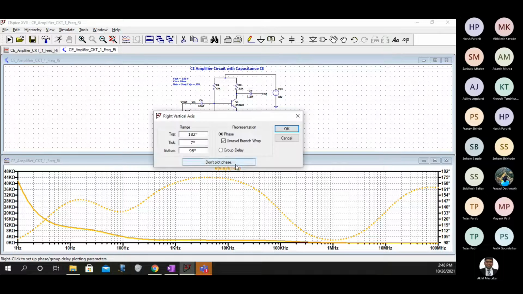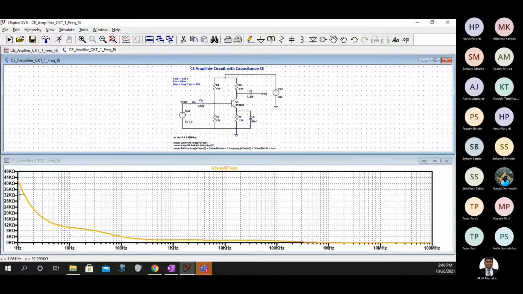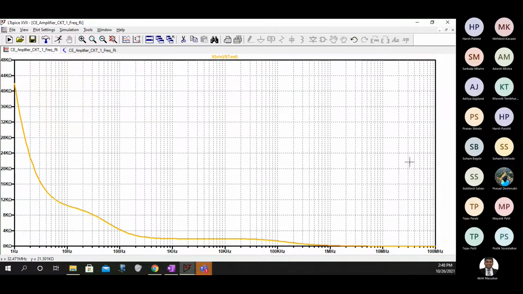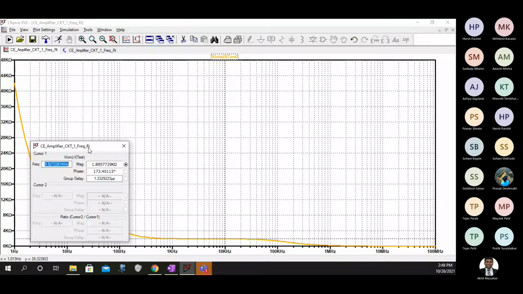You can remove this, don't plot phase, and this was our input impedance. So you can see that if you want to measure this value, you can.